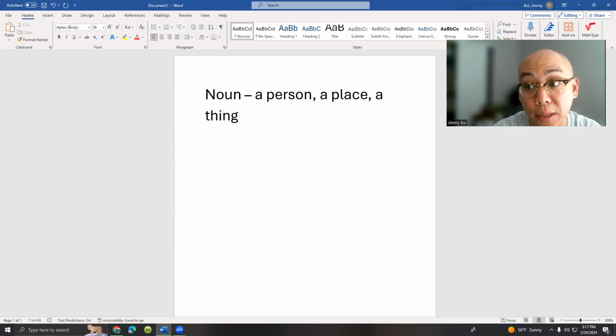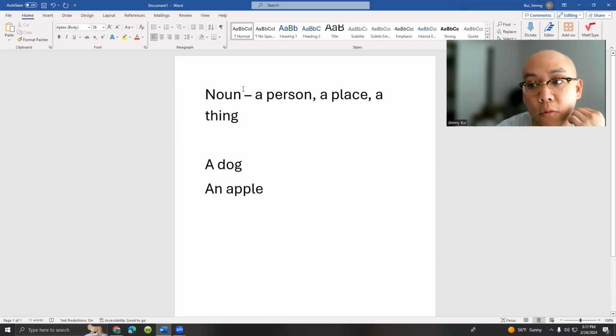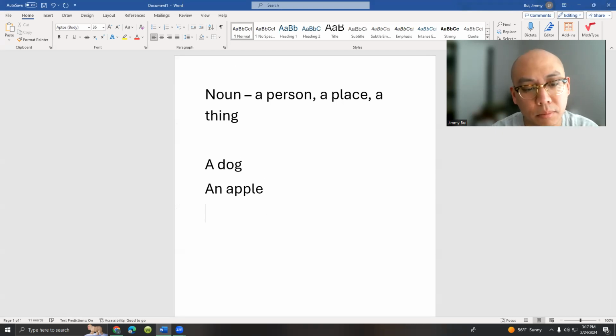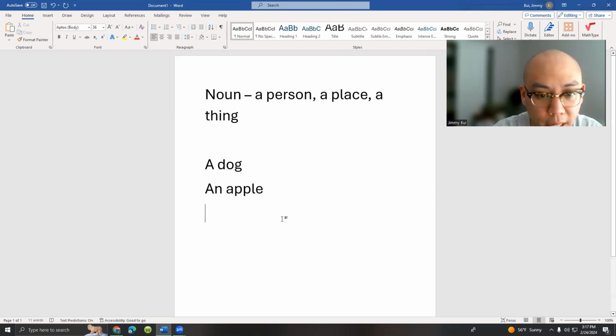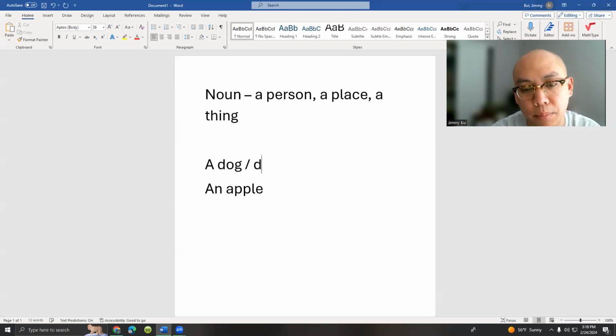When there is a noun that is singular, we use an article, a or an: a dog, an apple. Okay, and this works for nouns, a person, a place, or thing. And when there is a noun and we want to make it plural or say two or more, from a dog, we add an S, dogs.